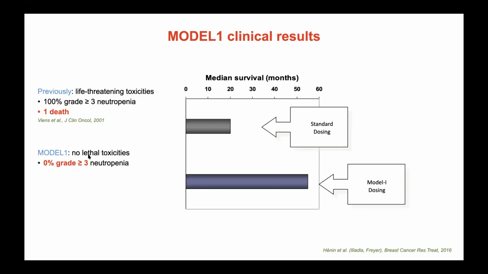In our trial, no lethal toxicities have been reported, and no patient experienced any neutropenia, any toxicity of grade larger than 3. But this was the main focus and the main endpoint of the trial.